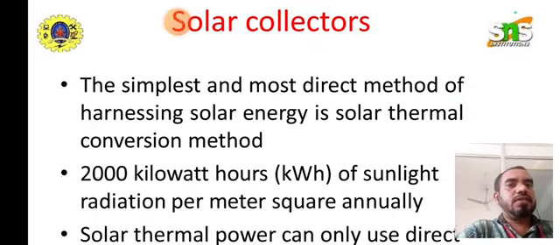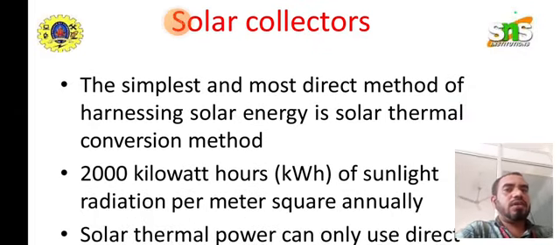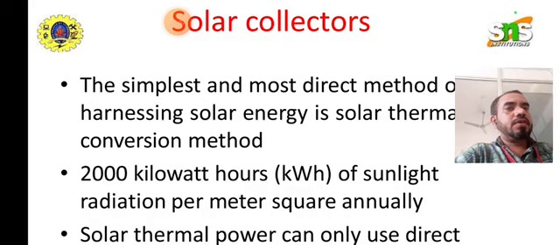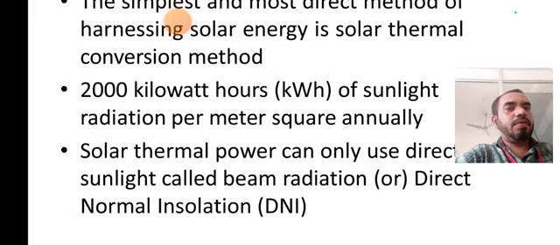Celsius. The simplest and most direct method of harnessing solar energy is the solar thermal conventional method. A solar collector is capable of 2000 kilowatt hours of sunlight radiation per square meter annually.